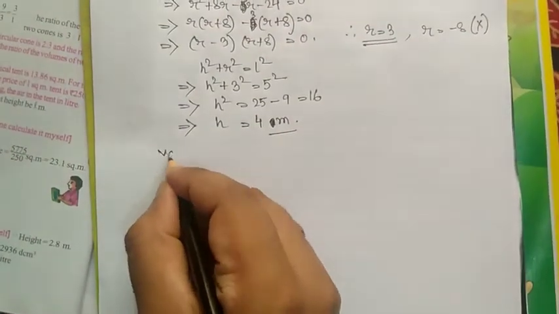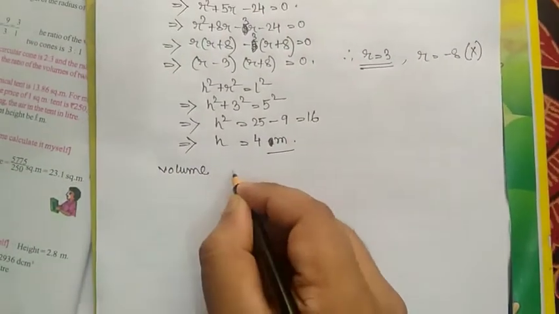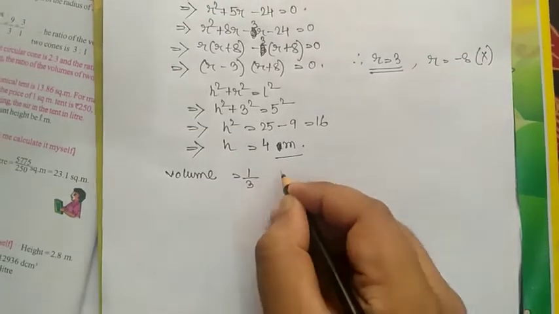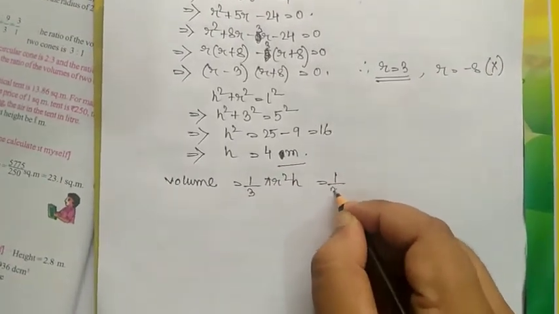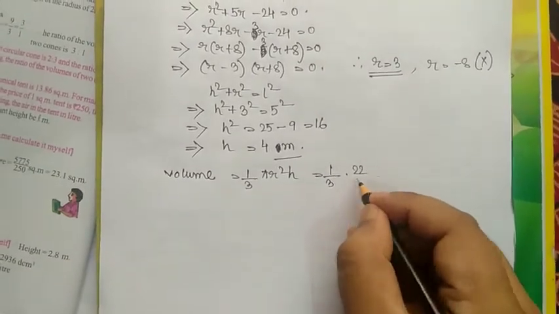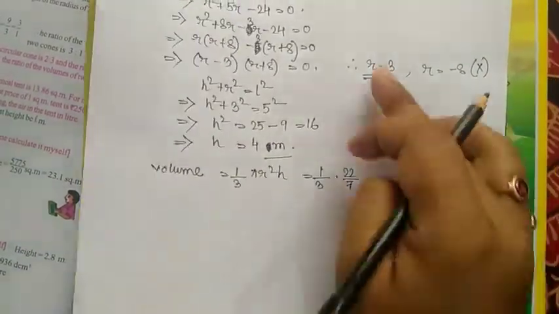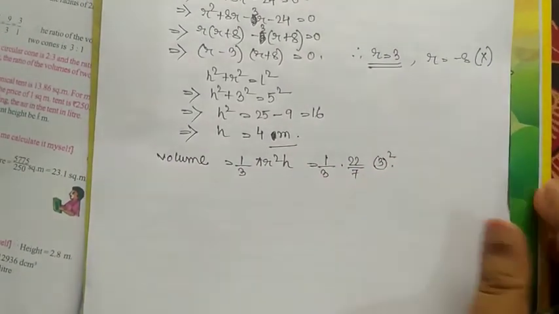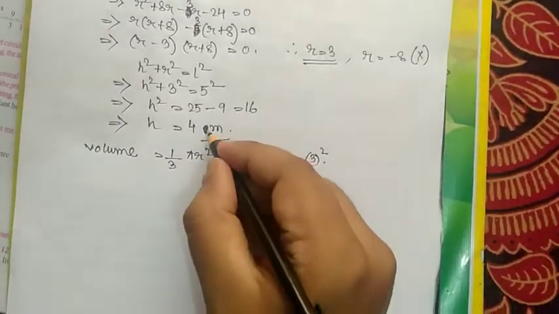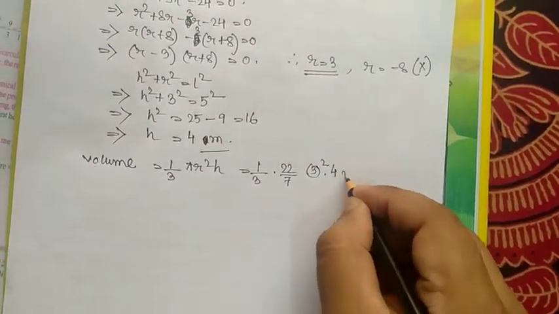Now we have to find the volume here. So volume equal to 1 by 3 pi r square h equal to 1 by 3 into 22 by 7 into 3 square into h means 4 meter cube.